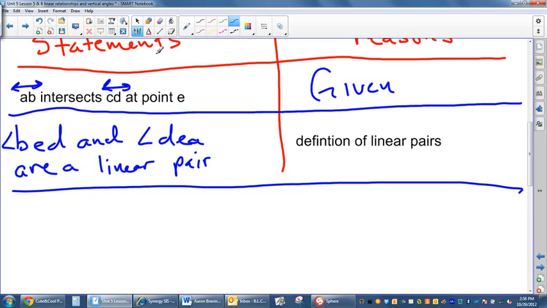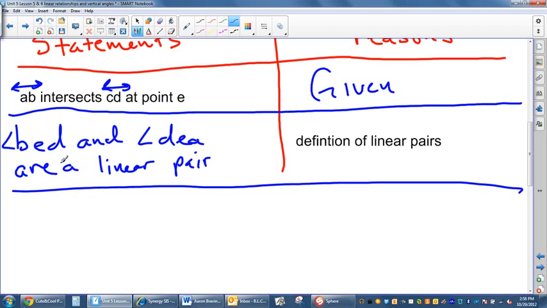So if BED and DEA are a linear pair, what other kind of angle relationship do they have? They are supplementary.